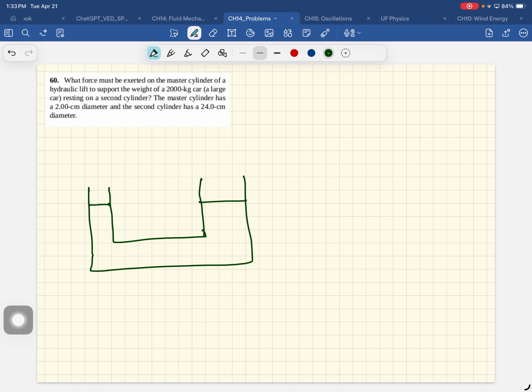And what they're asking us to find is what force must be exerted, so they're asking us the input force. So the input force is equal to the weight of the car.